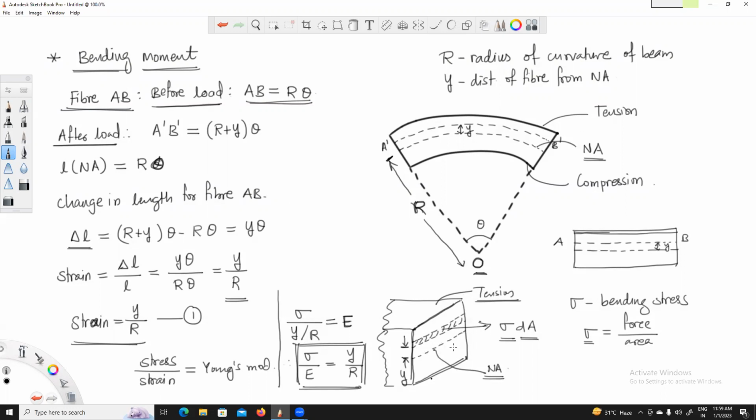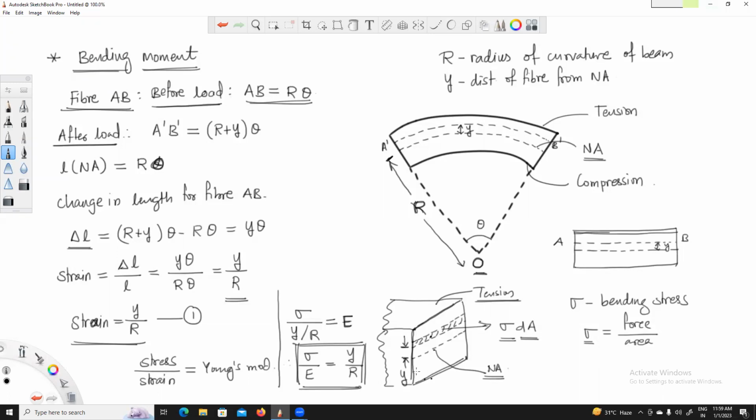Again, refer to this particular diagram here. If you see any fiber below this neutral axis, the bottom fiber is under compression and the top fiber is under tension. So on this cross section above the neutral axis, the force is applied as a tensile force, and it will try to stretch this particular cross section outward, as shown by this arrow mark here.